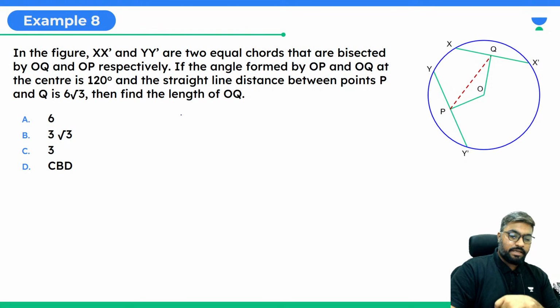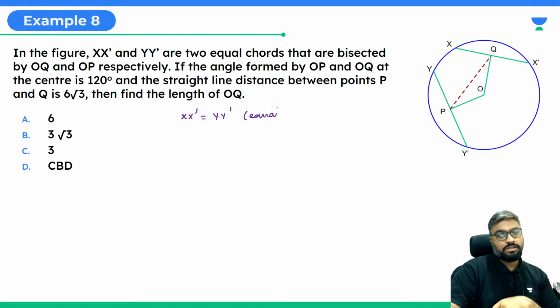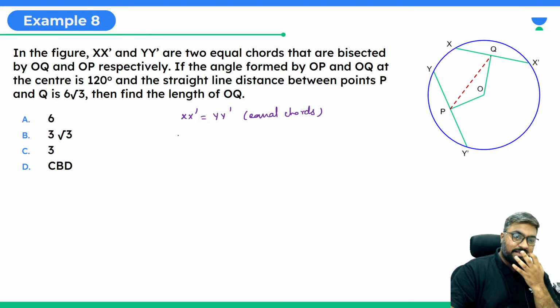Since the question is saying, hi Vandana, since the question is saying that x dash and y dash are equal, these are equal chords. Yes, and they are saying OP and OQ are bisectors, so automatically what happens, OP becomes perpendicular to x dash or y dash, and OQ becomes perpendicular to x dash.